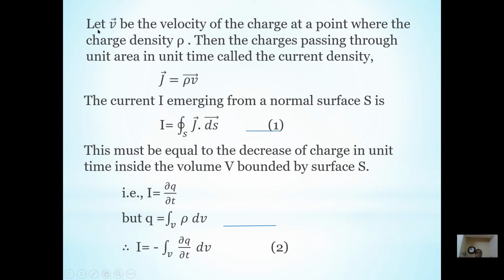Let V be the velocity of the charge at a point where the charge density is rho. Rho means number of charges in that particular area. Then the charges passing through unit area in unit time is called current density.